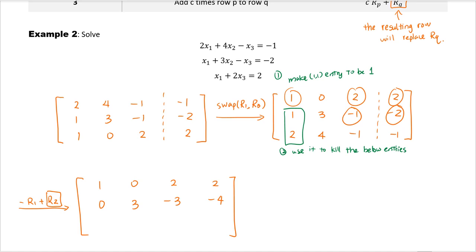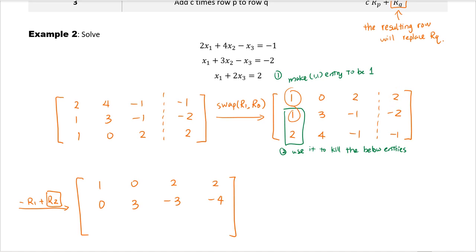Is that okay, everyone? We're actually using the second row to subtract the first row, right? So 1 minus 1 is 0. 3 minus 0 is 3. Minus 1 minus 2 is negative 3. Minus 2 minus 2 is negative 4. Okay, but when we put down the row operation, we put minus row 1 add to row 2. Okay.